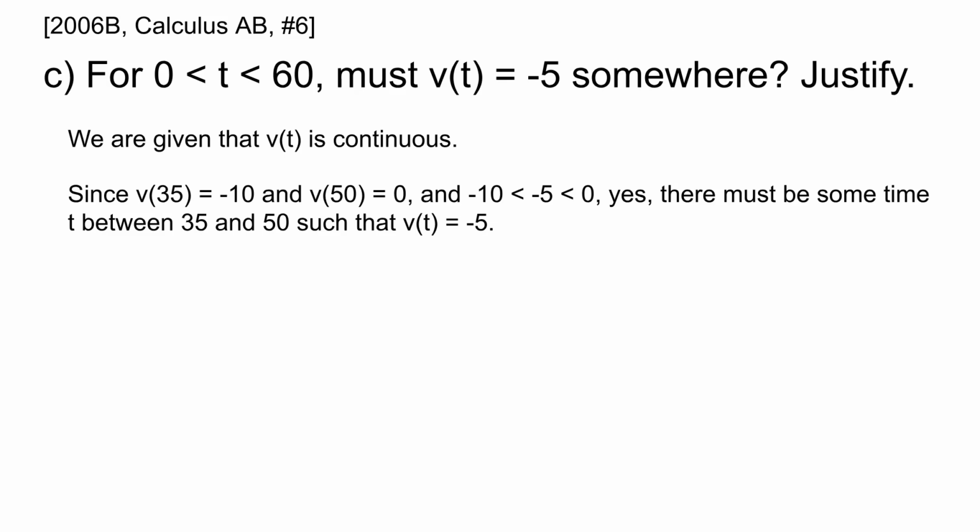Since v of 35 is negative 10 and v of 50 equals 0, and negative 5 is between negative 10 and 0, we can conclude that yes, there must be some time t between 35 and 50 seconds such that v of t is equal to negative 5.